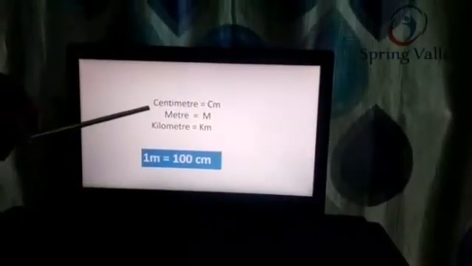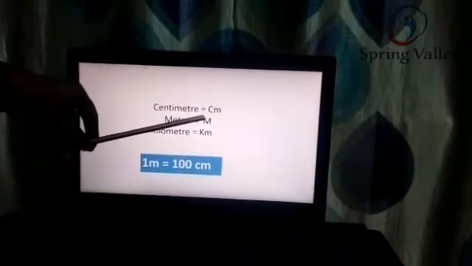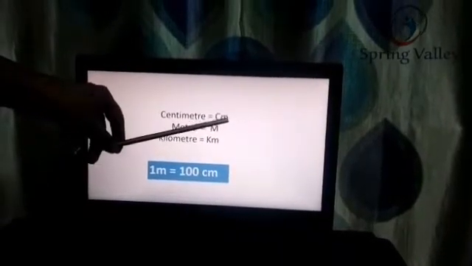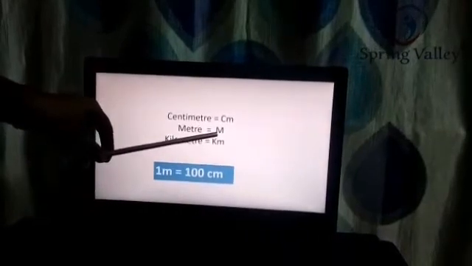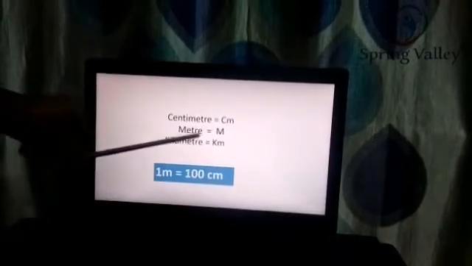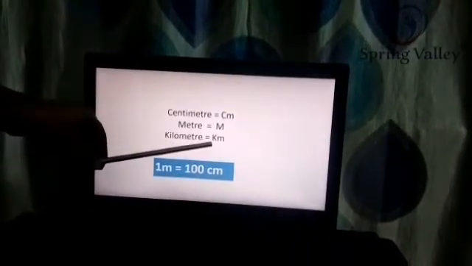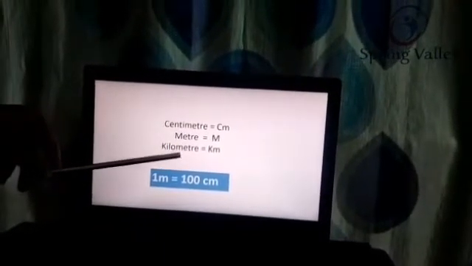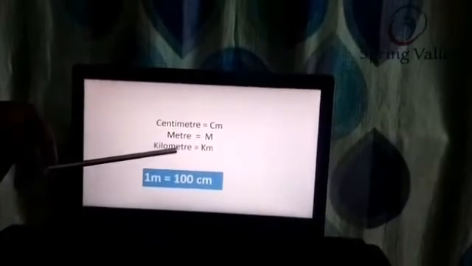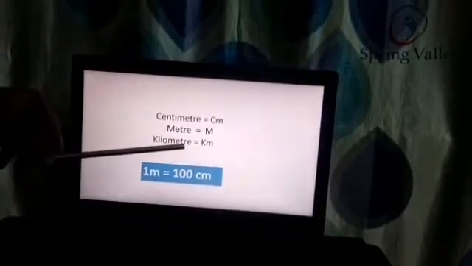So, here comes the centimeter. We can write it in the short form cm. Meters, in the short form we can write it as m. Kilometers, km. Kilometers means, for example children, from your home to your school, how long the distance is.